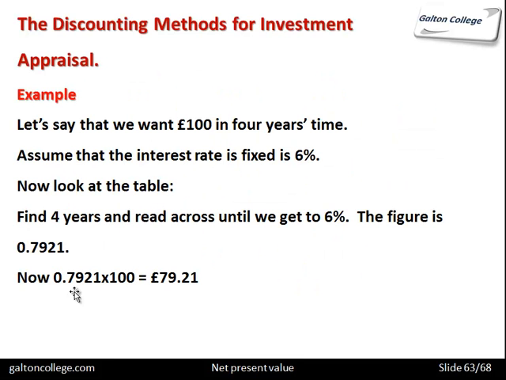And multiply that by 100, so we get £79.21. So this figure here just saves us doing the mathematics, saves us doing the calculation. And these tables exist. In fact, it's possible to look them up online. Or nowadays, most reasonable calculators can do this calculation very simply.